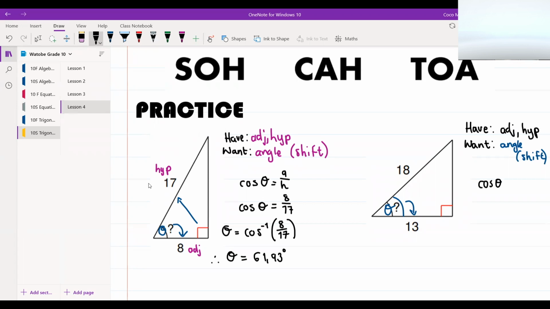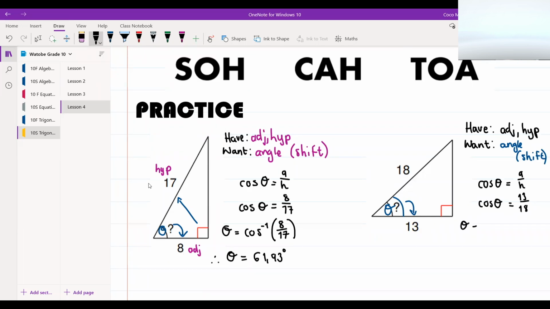All right, cos of theta is equal to? Adjacent over hypotenuse. Excellent. So cos of theta is equal to, give it to me in numbers. Cos of theta is equal to 13 over 18. Excellent. Now I want theta.